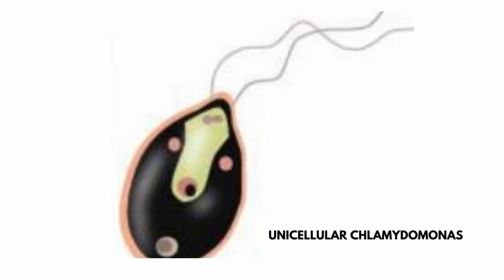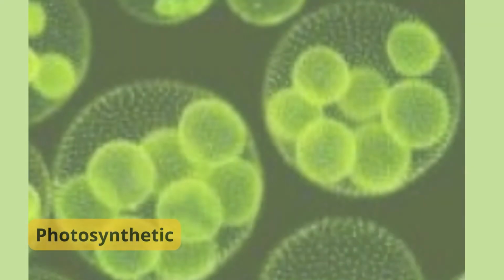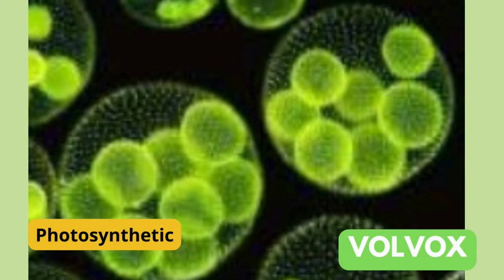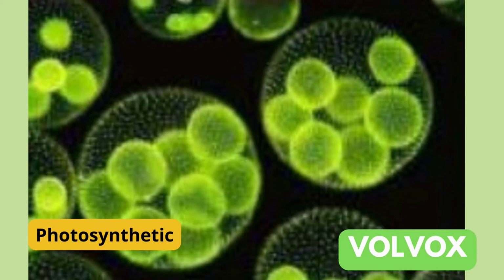Here you can see an example of green algae. Here is also an example of green algae, Volvox. Green algae are photosynthetic because they have chlorophyll. They are called green algae because they have chlorophyll. Chlorophyll a, chlorophyll b, and carotenoids are present in the chloroplast.